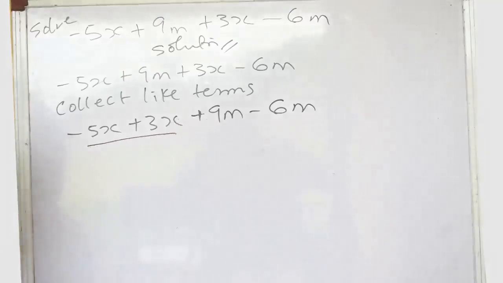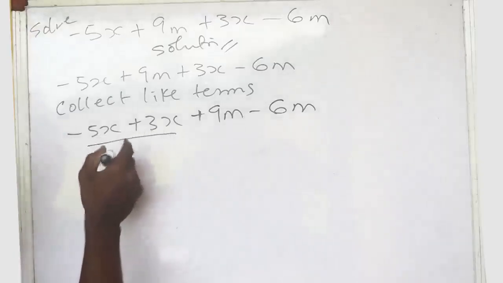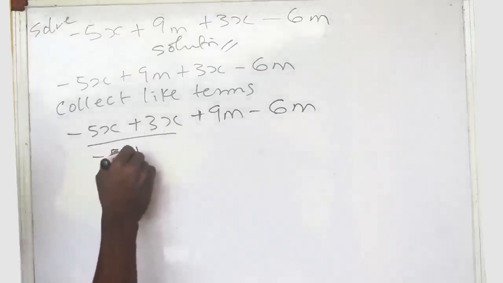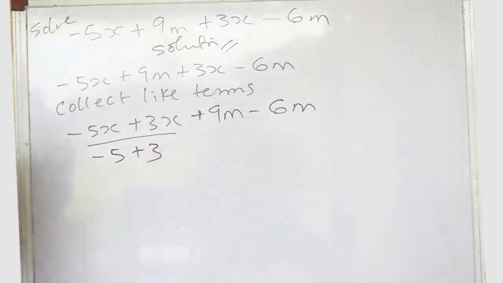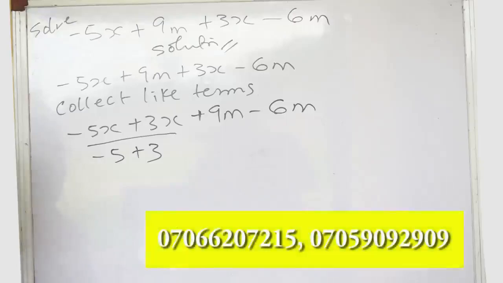But if you are looking for the total of x, you have to pretend as if the x is not there. If x is not here, what we see is minus 5, we see plus 3. If you can recall in the video, basic mathematical operation, please, if you have not watched it, do yourself good to go to my YouTube channel to watch this video, because it will give you a good insight before coming to algebra.